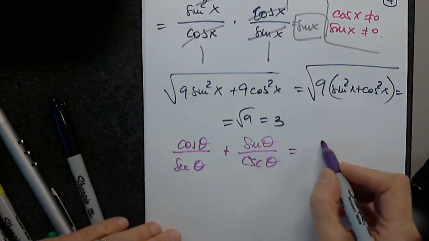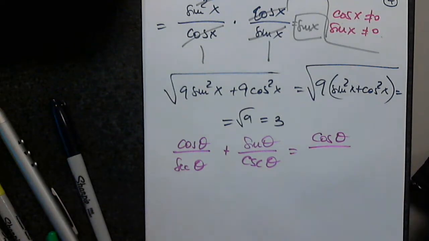So I will keep in mind, assuming all conditions are fulfilled, because secant cannot be 0, because secant is 1 over cosine. A fraction is 0 only if the top is 0. So 1 over cosine cannot be 0. And the same thing with cosecant. But keep in mind that we always have to worry about the conditions being fulfilled.